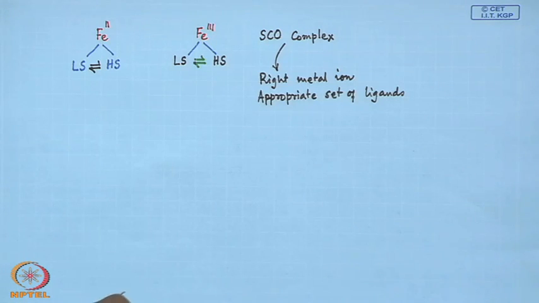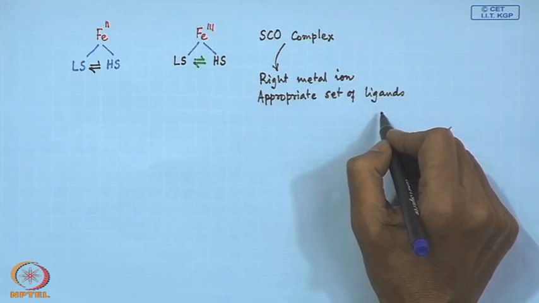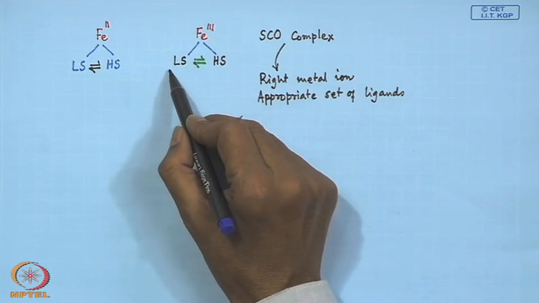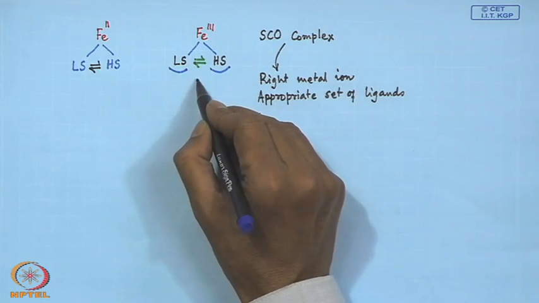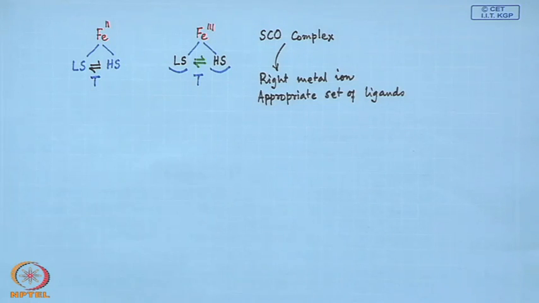These two things tell us that this particular metal ion in this ligand environment can provide both high spin and low spin compounds, which is controlled by temperature variation.